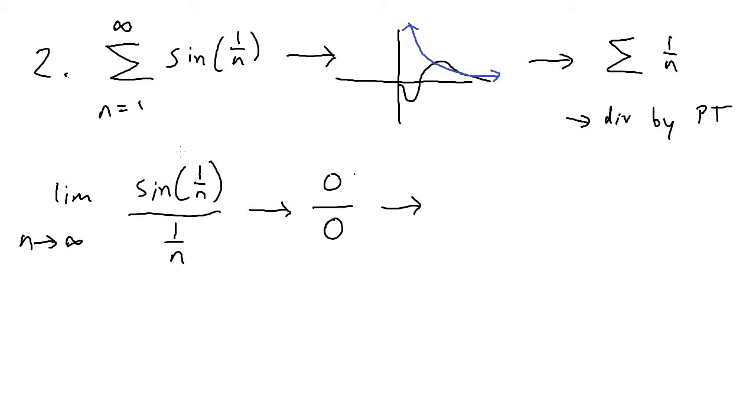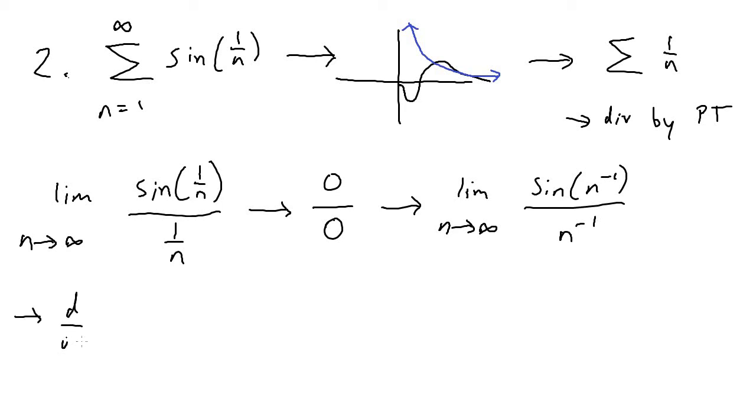So we just take the derivative of the top and the bottom. First I'm going to change 1 over n to be n to the negative first power, just so it's a little bit easier to use the power rule. So sine of n to the negative first over n to the negative first. Now remember, the derivative of sine of u is going to be equal to cosine of u times u prime.